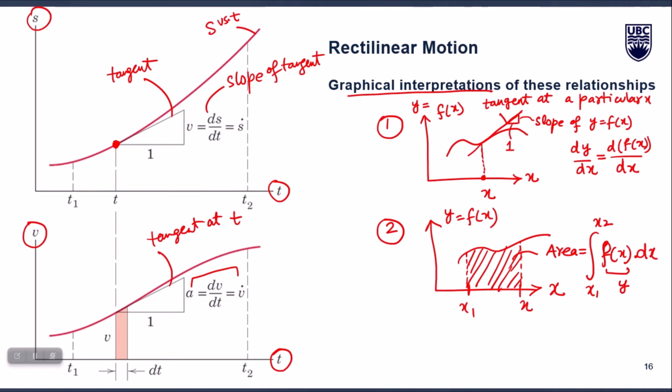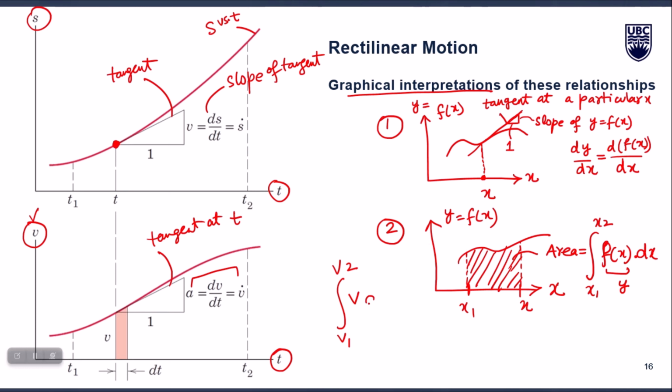Similarly, let's apply the second principle now to this figure, V versus T. For example, if you have any two time instants T1, T2, the integration of the function, which is actually the velocity, from V1 to V2, where V1 and V2 are the velocity values at T1 and T2.